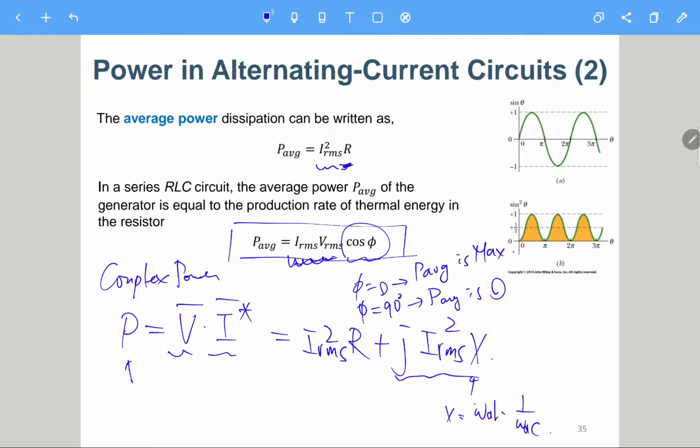Because sometimes it looks like one is sine, one of it is cosine. It's like this.